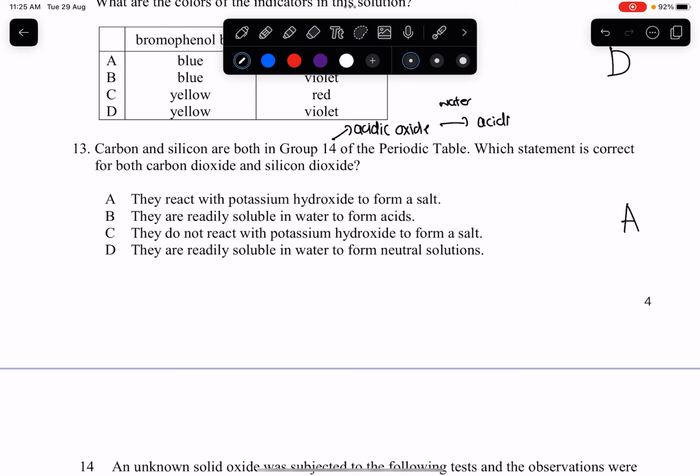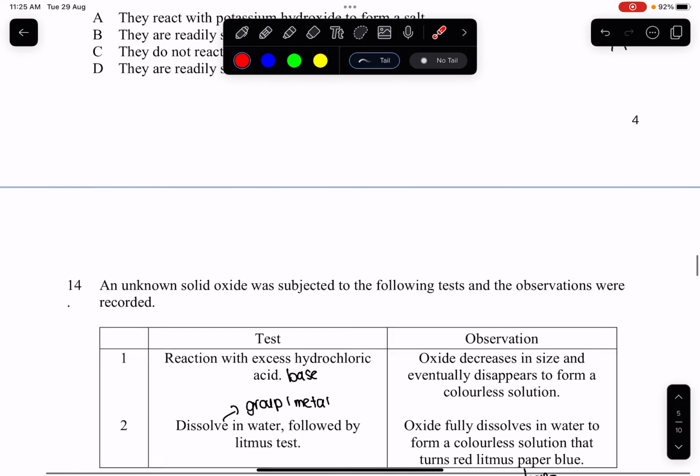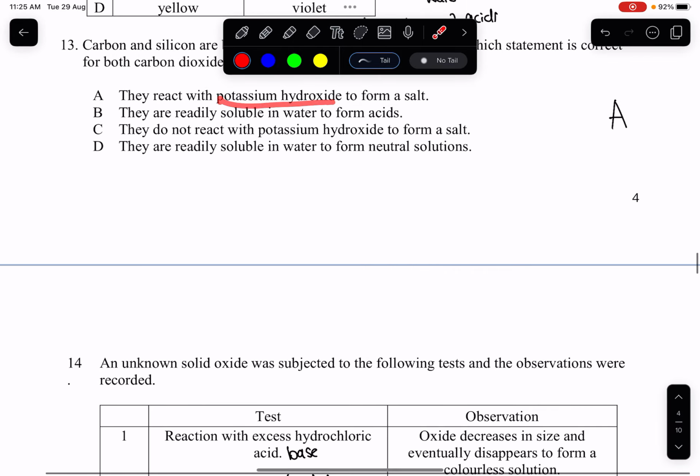So between A and C, we can eliminate B based on the fact that A and C are opposite. Since it's an acidic oxide, it will react with an alkali to form salt. So answer is A. Your alkali is your potassium hydroxide.